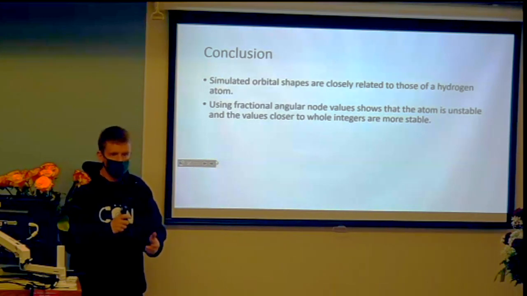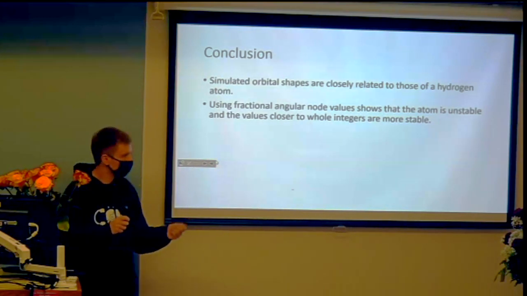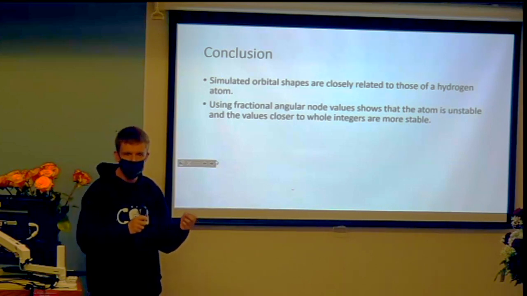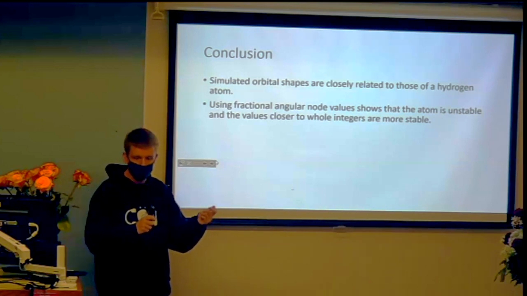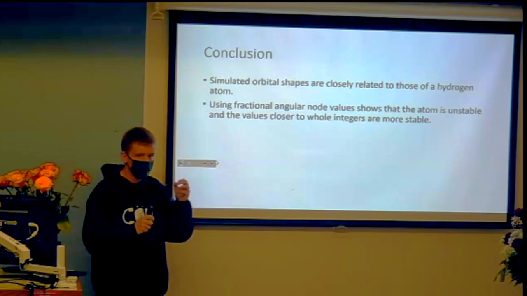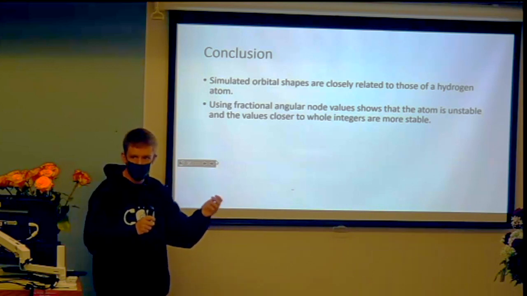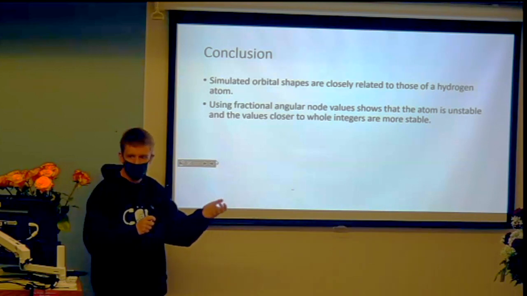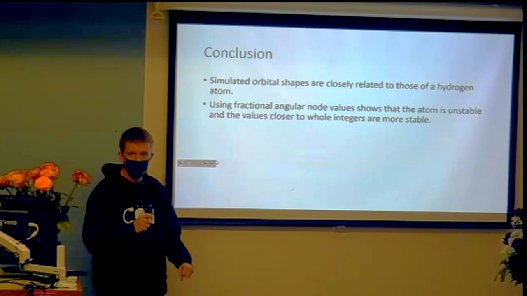So to summarize it all, we use MATLAB to simulate how angular momentum affects the angular rotation of an atom, and we found that the atom destabilizes if the node values are fractional, whereas whole numbers are more stable and they retain their shape.